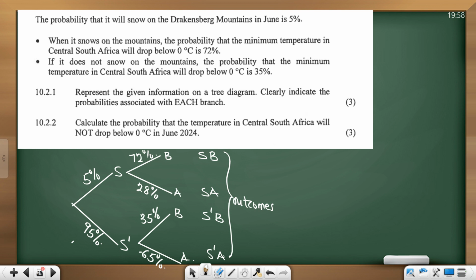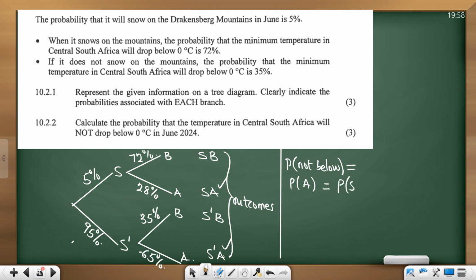What are we using? It means it must be the probability of not below, or the probability of above. Not below, in probability, must be above.